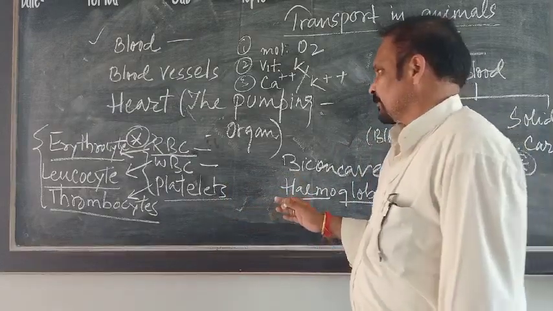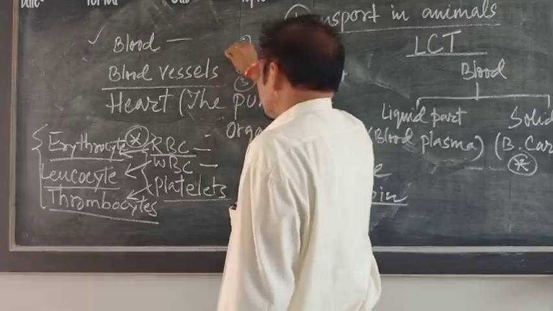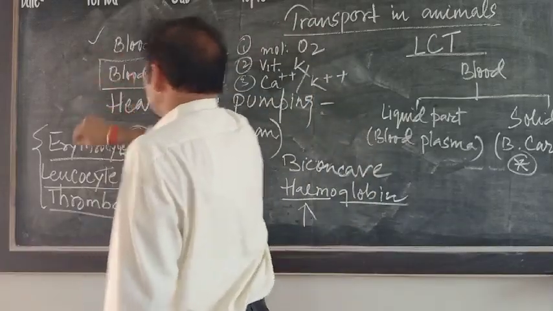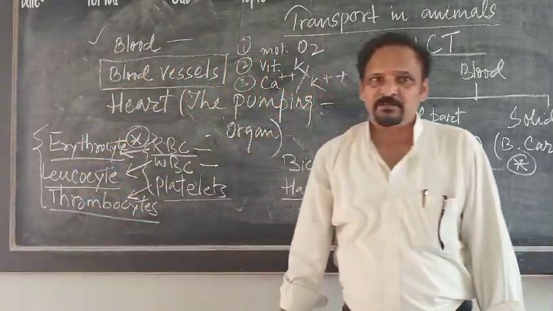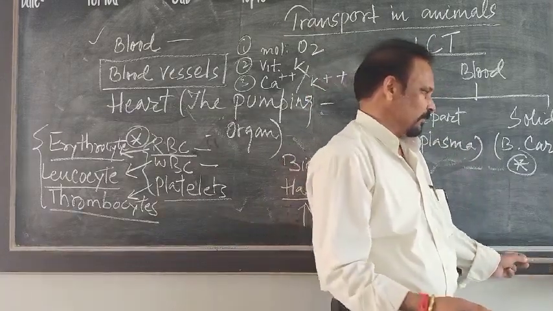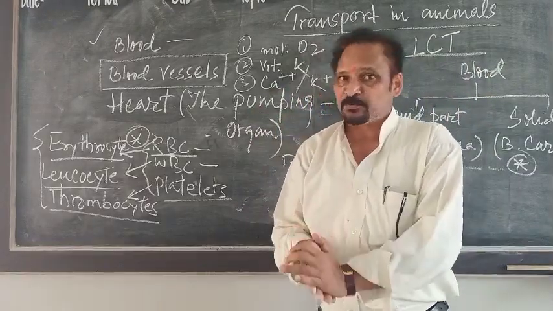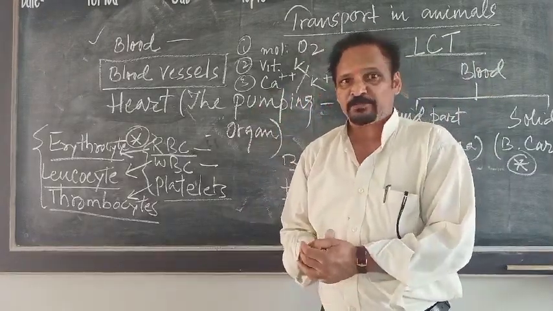Okay? Now, second thing is blood vessels. Students, about blood vessels we will study in detail in the next online class. This is all for today. Revise whatever we have studied today in transport in animals, transport in human beings.